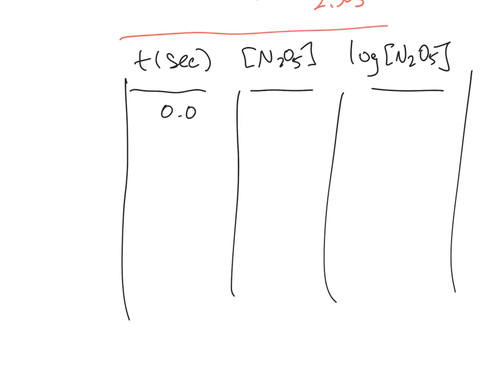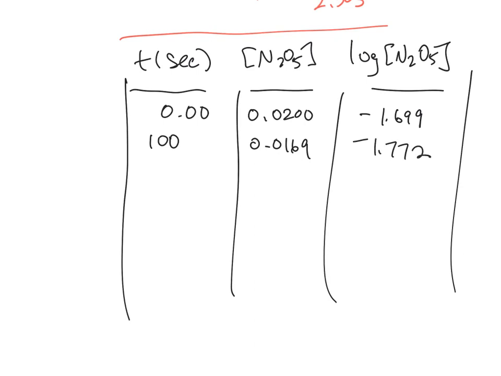So start with time is 0. And in our experiment, maybe we had 0.02 molar to start with. The logarithm of that number is negative 1.699. Then after 100 seconds, I'll leave off the zeros after the decimal point, 0.0169, and then negative 1.772.